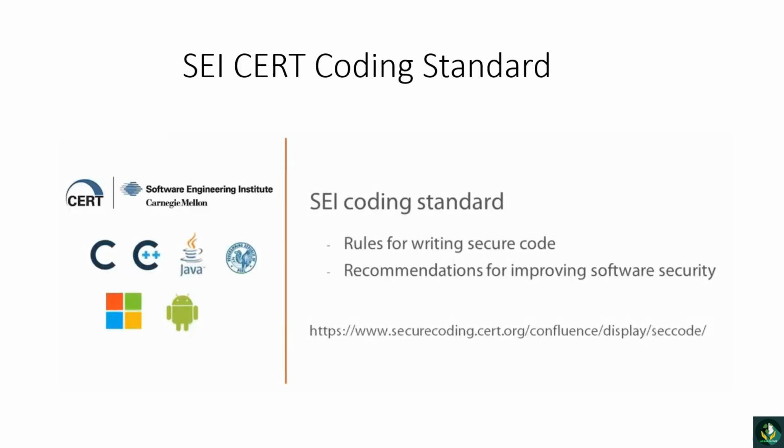The Software Engineering Institute mostly uses C, C++, Java, Windows and Android to set certain coding standards, which are rules for writing secure code and recommendations for improving software security.